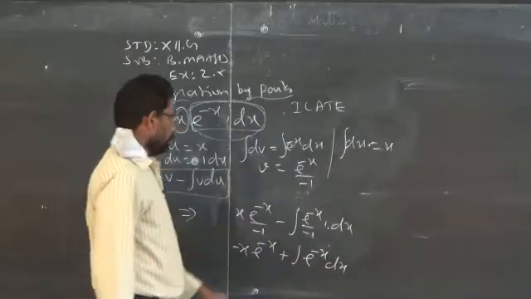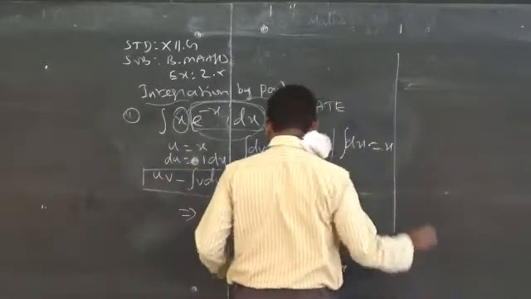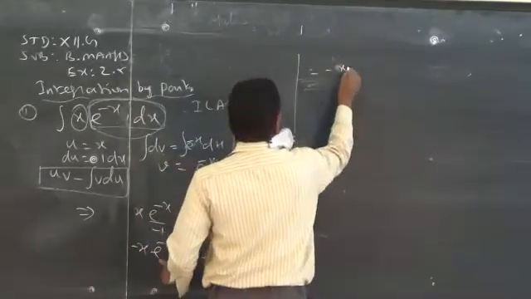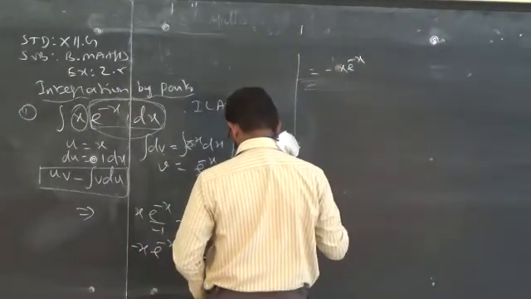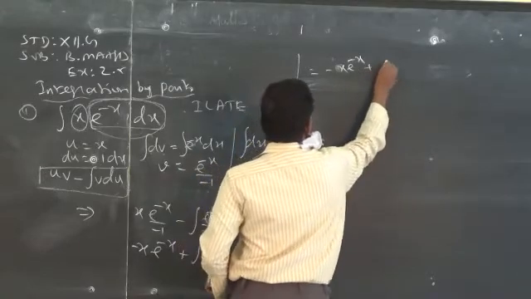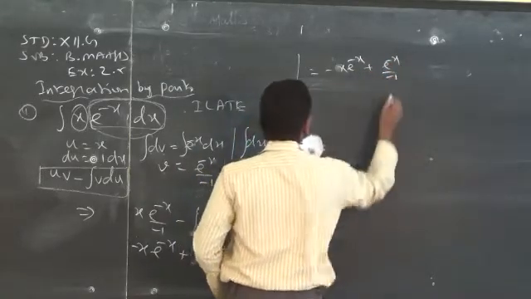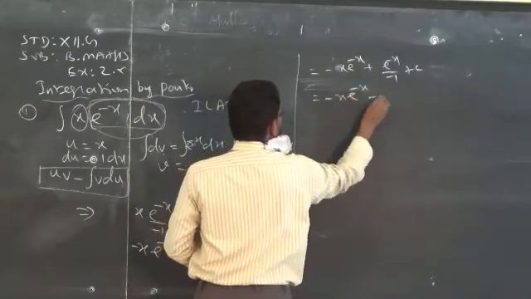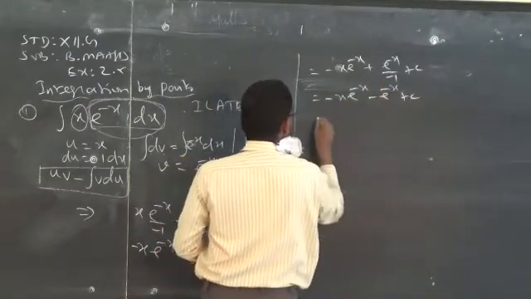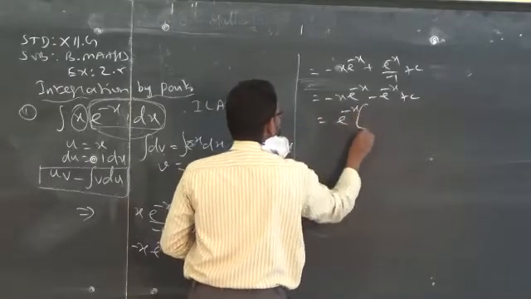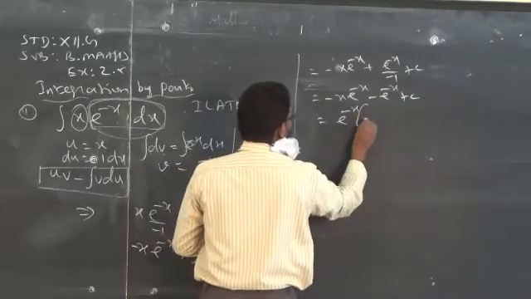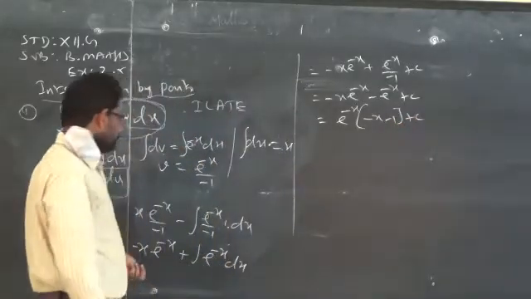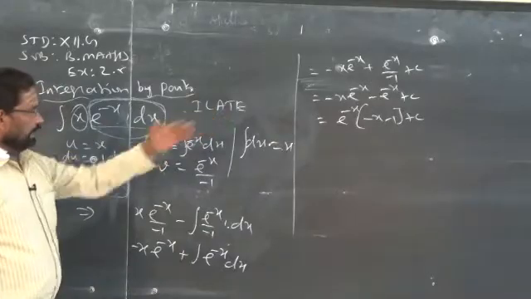What is the formula for e power minus x into dx? Same as before. So minus x e power minus x, plus e power minus x by minus 1, plus c. So minus x e power minus x minus e power minus x plus c. Taking the common factor minus e power minus x, we get minus e power minus x into x plus 1, plus c. Clear? So this is your integration answer.